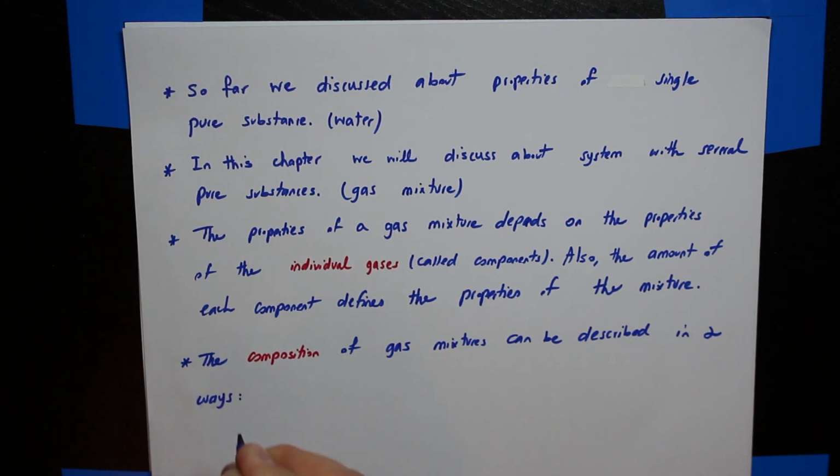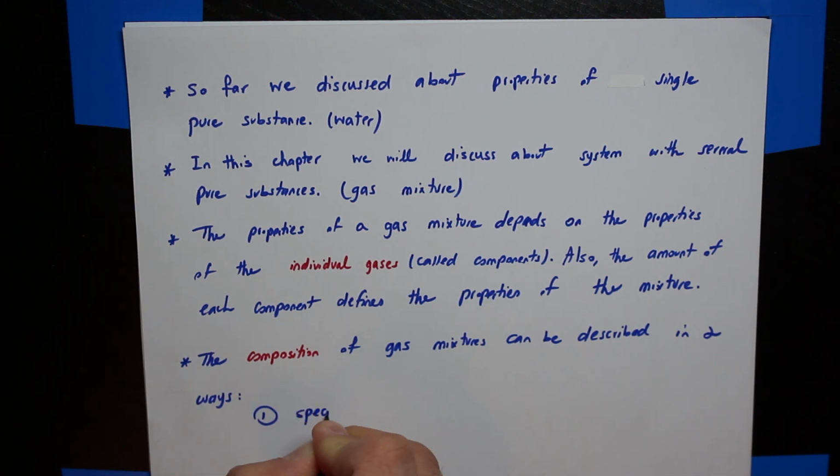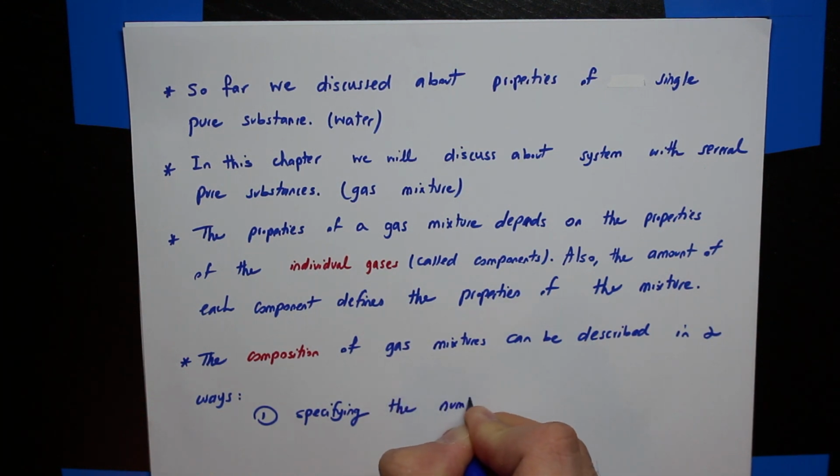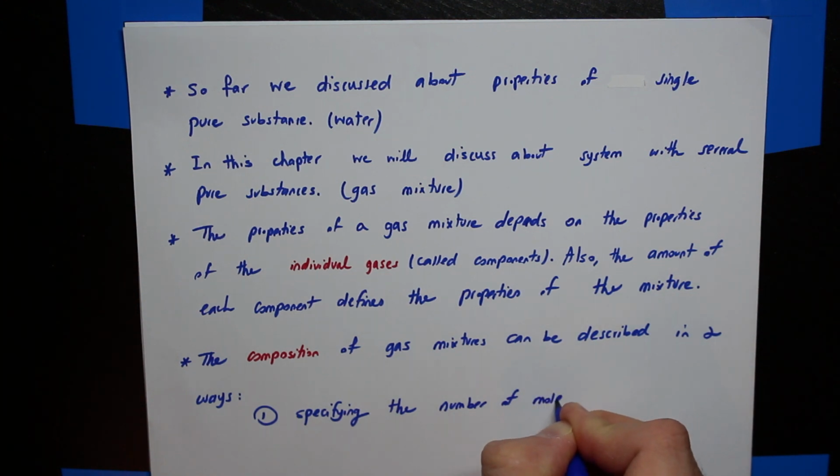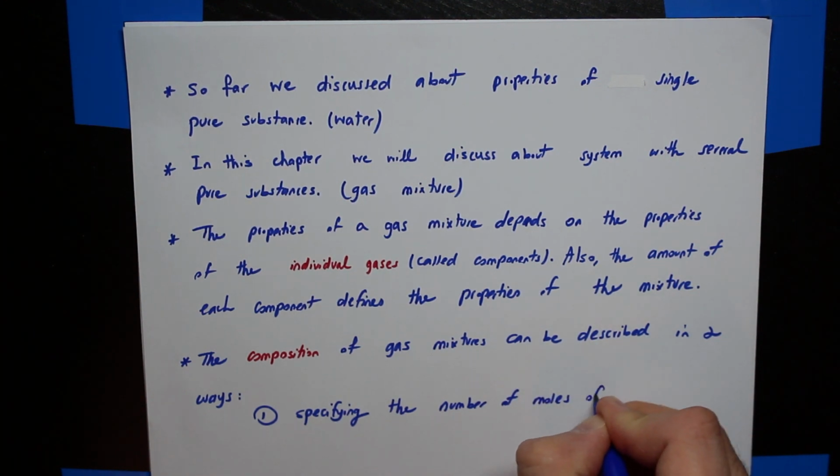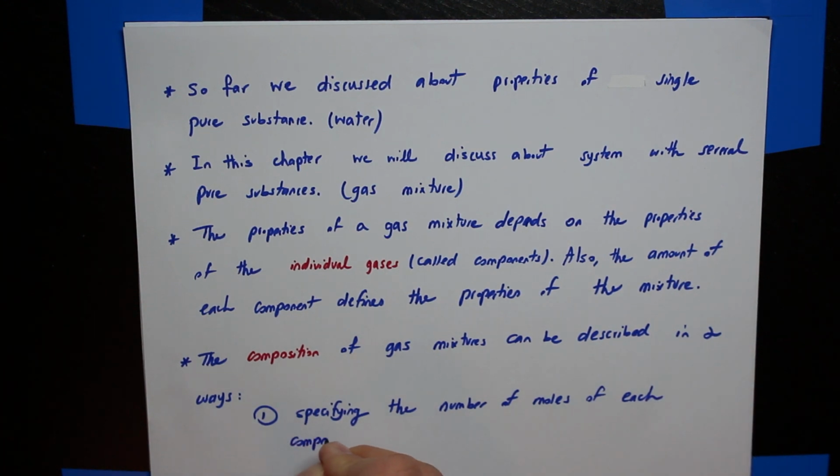Number one, specifying the number of moles of each component. All right, so this is basically the molar analysis.